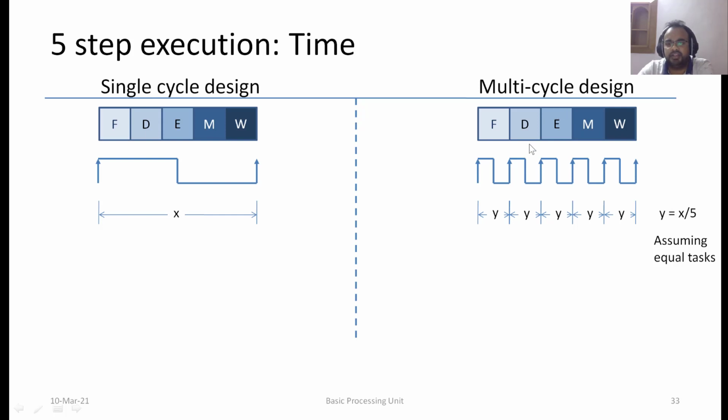Just like I mentioned in the previous slide, the execute stage can take more time or less time based on the operation that we want to perform. In that case, how can we match its cycle time, right? And in the fetch stage and memory stage, we are trying to access the memory, which we know is slower than the circuitry, right?